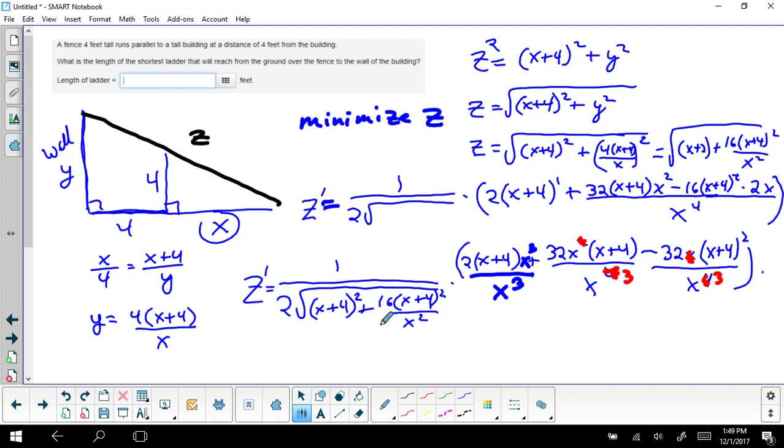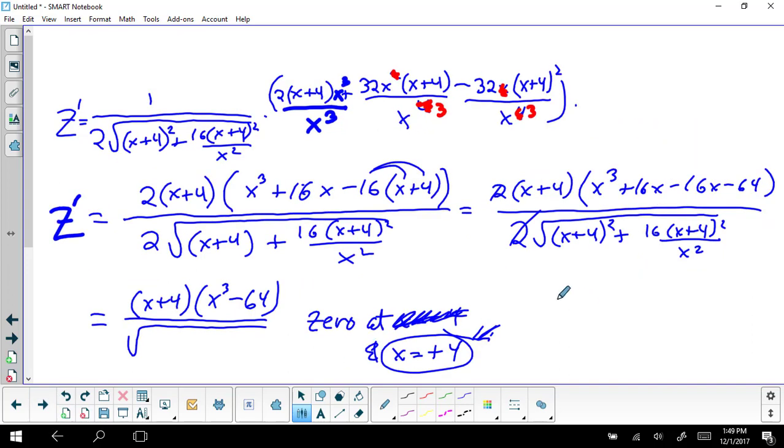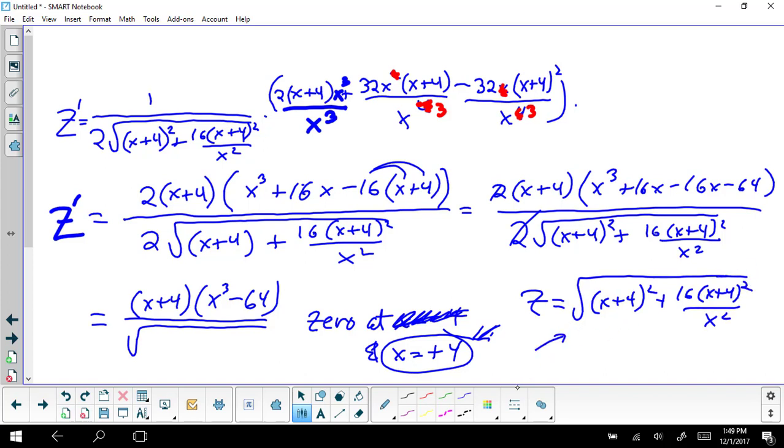So obviously x has got to be equal to positive 4, which means if I plug into my original expression for z, that is, z is equal to the square root of x plus 4 squared plus 16 x plus 4 squared over x squared, if I plug in x equals 4, I will find the minimum value for what z is going to end up being equal to.